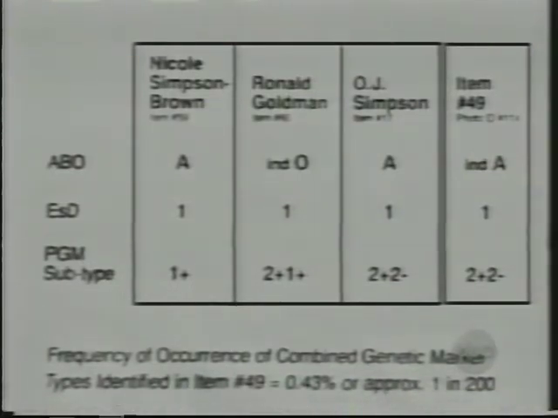Of the three people that are described both in my report and on the report, only Mr. Simpson can be included in that percentage of the population that could have left that stain. So Mr. Simpson alone is included in the 0.43% of the population that could have left the blood drop on the trail at 875 South Bundy? Of the three people that are mentioned on the chart, that's correct.